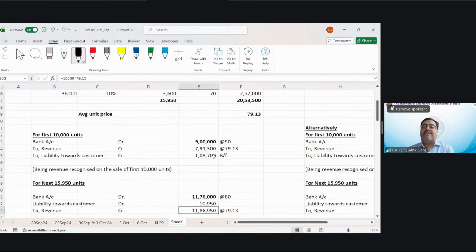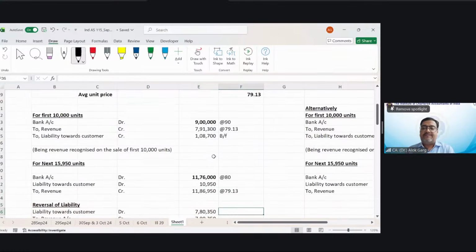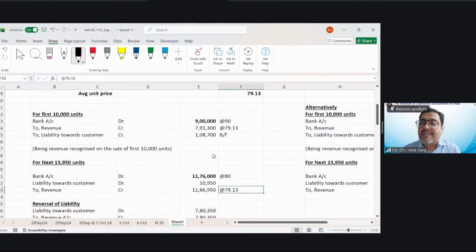Now I will recognize the revenue at 79 rupee 13 paisa. How much will I recognize? 15,950 multiplied by 79 rupee 13 paisa.